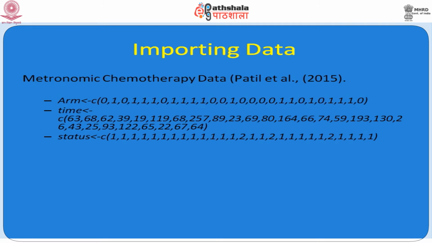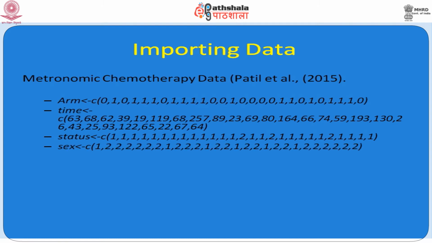Here we are putting 2, and somewhere you may find it given as 0 also. It depends, but to avoid that confusion, here we have put 2 for a not censored patient.